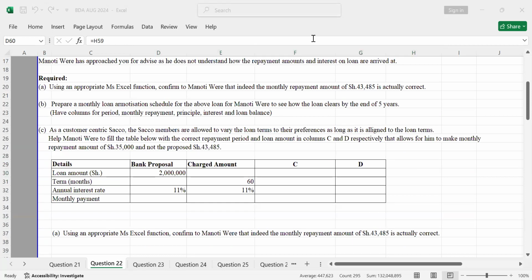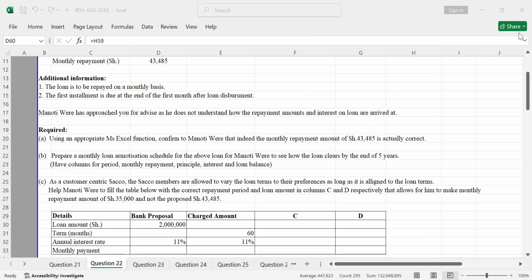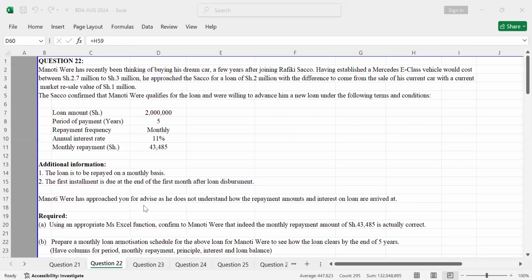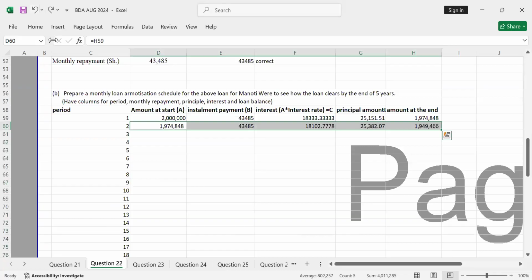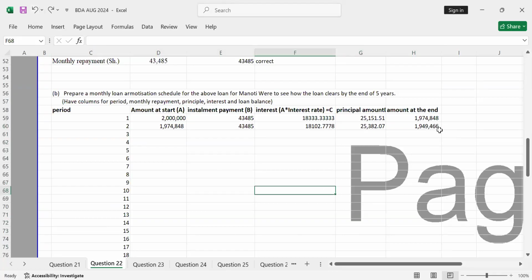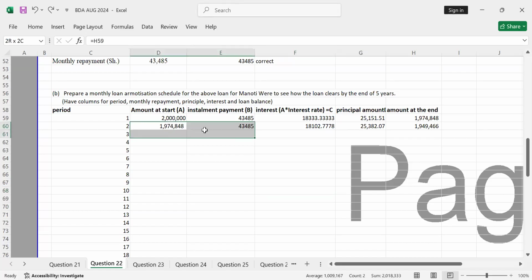I should highlight the whole column, not from the installment payment. You just highlight the whole row. So you highlight this one, the whole of it.